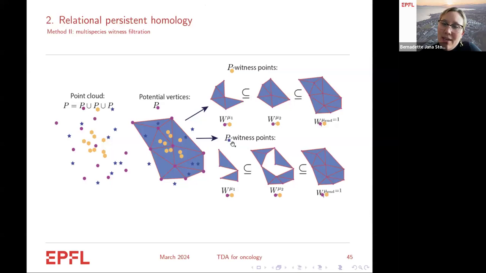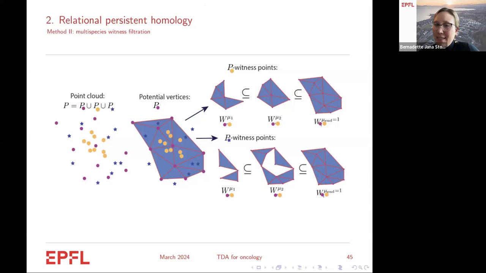And we do the same thing for the blue stars. So we include those with 2 witnesses first, then those with 1 witness, and then finally we have the full simplicial complex. The idea here is that we're filtering the same simplicial complex, but in different ways, and these different ways are informed by these different witness points.